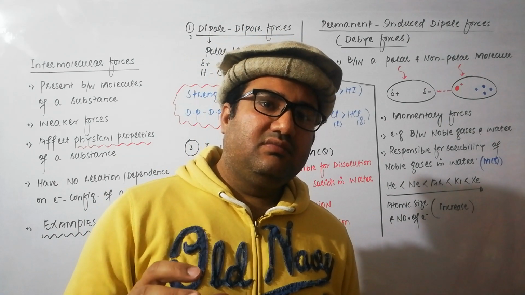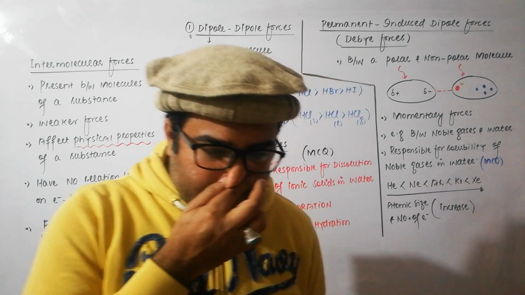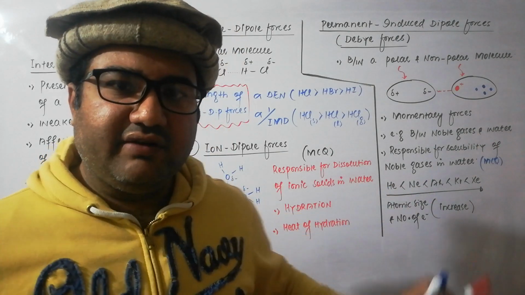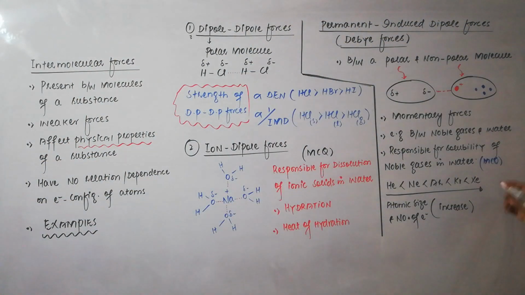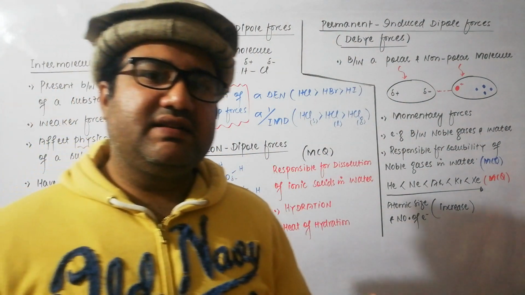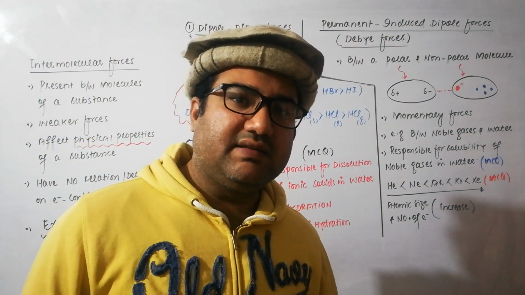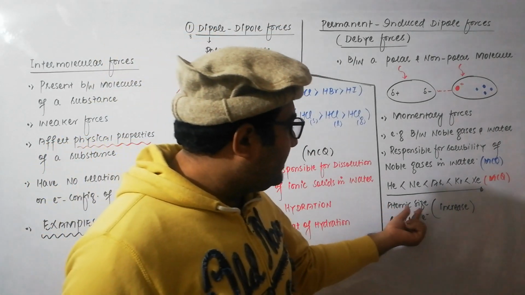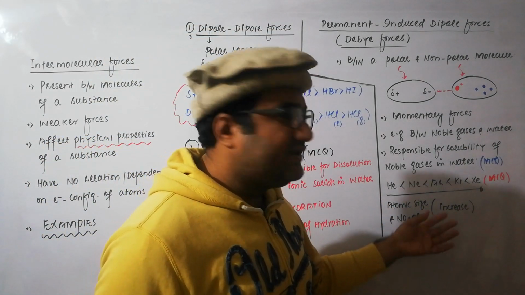Now, keep in mind, if we see which noble gas is more soluble in water, again a very important point for MCQs: which noble gas has maximum solubility in water? Keep in mind that down the group in the noble gases, their water solubility increases. Why does their water solubility increase? Because their atomic size and the number of electrons increase.